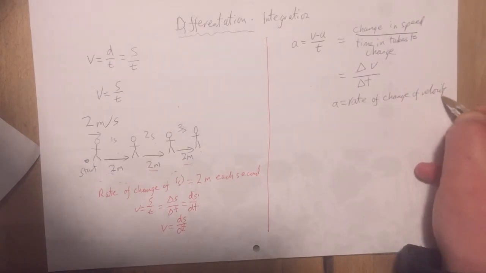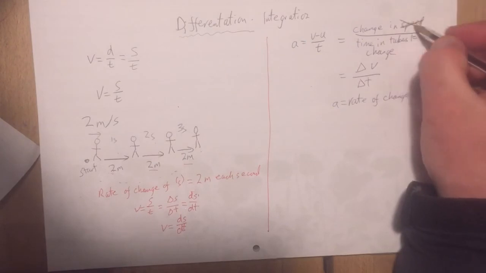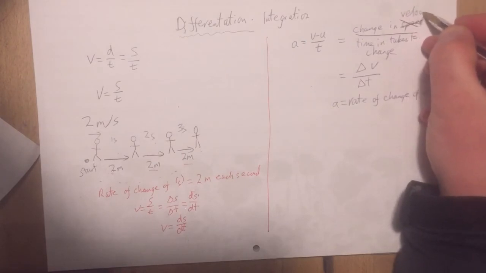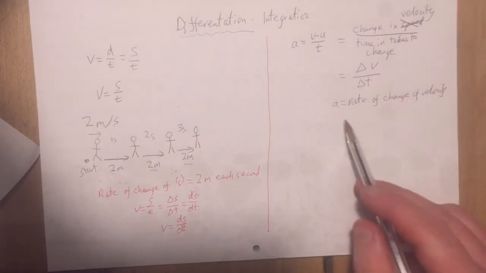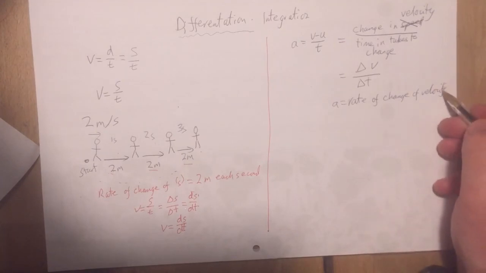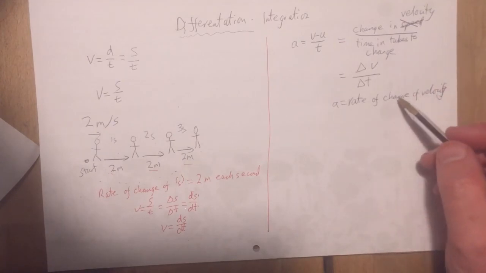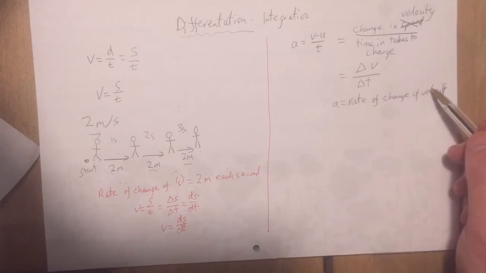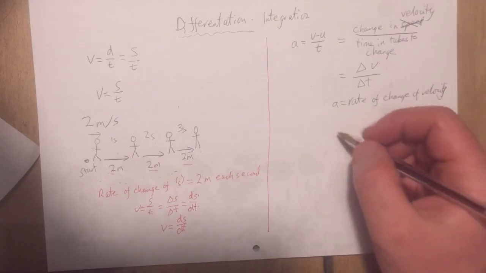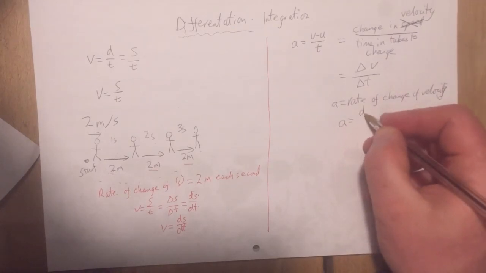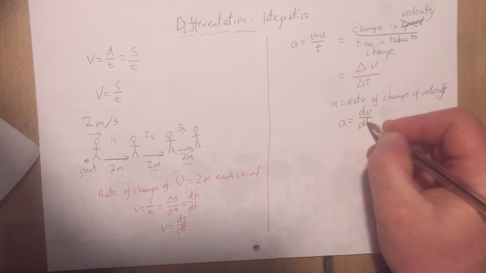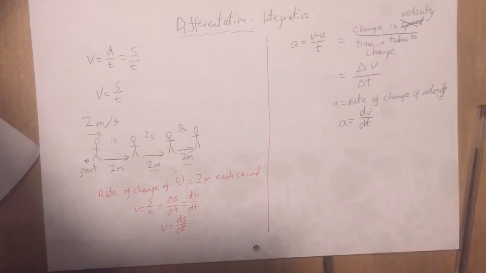Really, at National 5 level, speed was okay, but to be honest, I should really say velocity back here. So the acceleration is the rate of change in velocity. The rate of change means the change per second, or the change in a unit time. And the way that we write that is a equals dv by dt. And this gets us our second equation here.